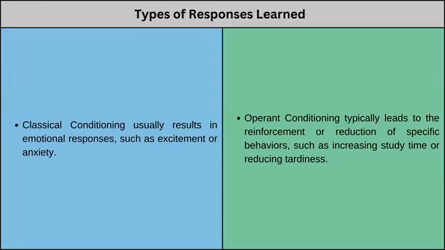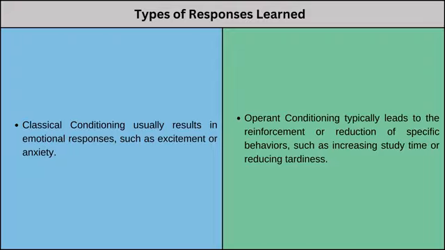of specific behaviors. For example, if a student knows that they will receive a reward like extra points for submitting their assignments on time, they are likely to do so more frequently. Conversely, if they know they will lose points for being late, they might work harder to be punctual.